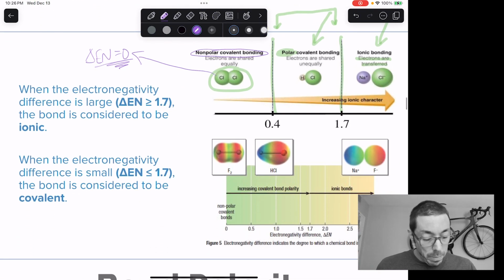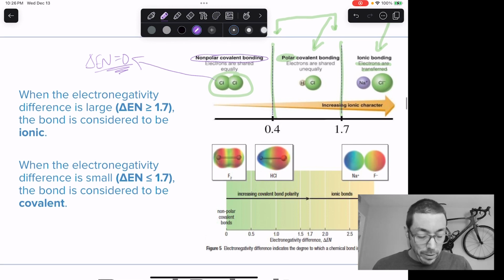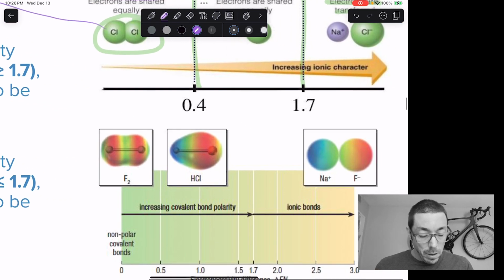And so that's just another picture showing the scale from nonpolar covalent all the way through to very strongly ionic. And you can see here these electrostatic color-coded pictures. I really like these. They show you what parts of the molecule or the compound are more positive and more negative.